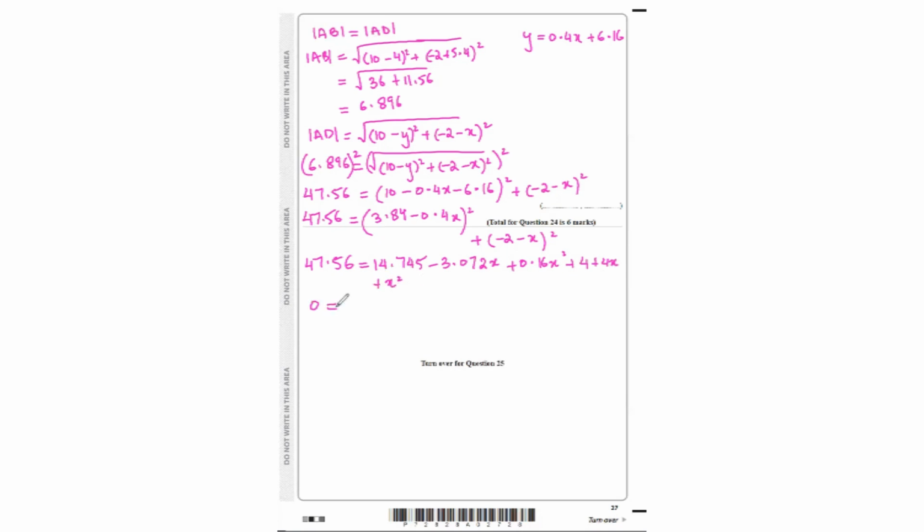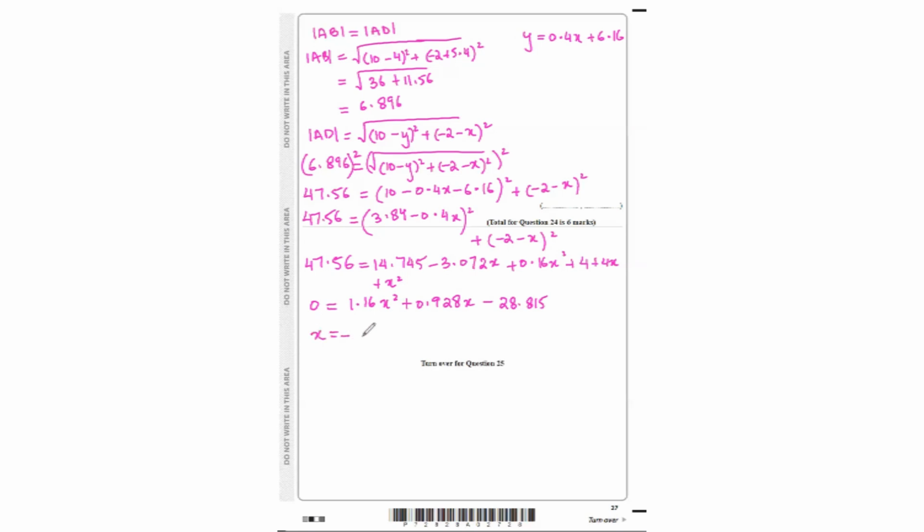Let's bring everything on one side and combine the like terms. So that's going to be 1.16x squared plus 0.928x minus 28.815. Now you'll solve this quadratic equation using the quadratic formula.